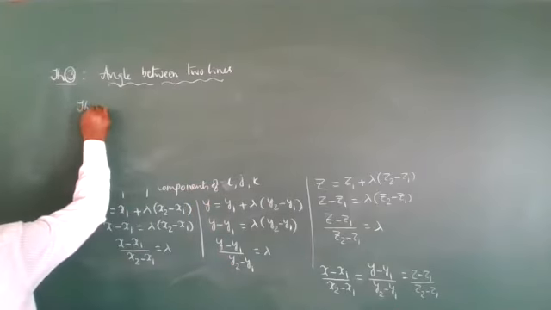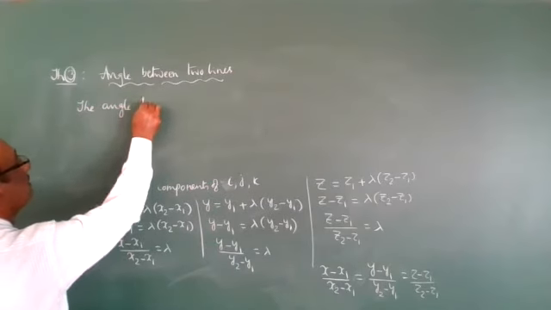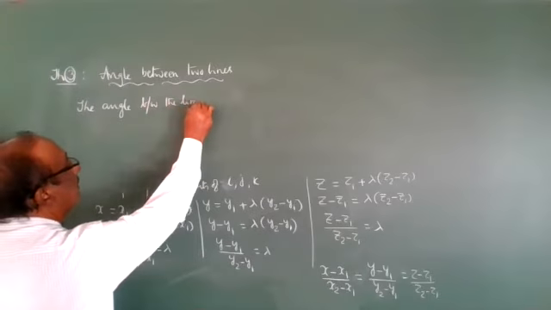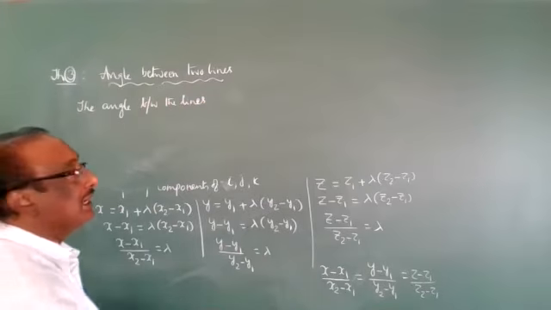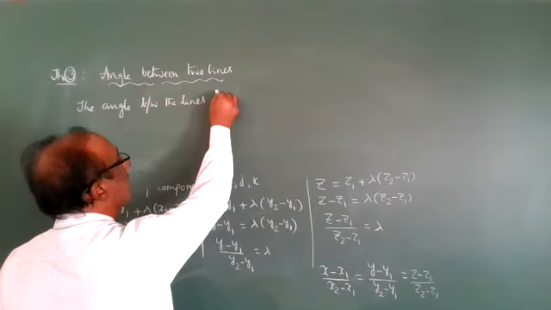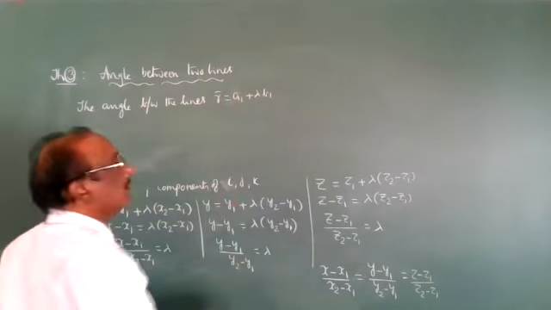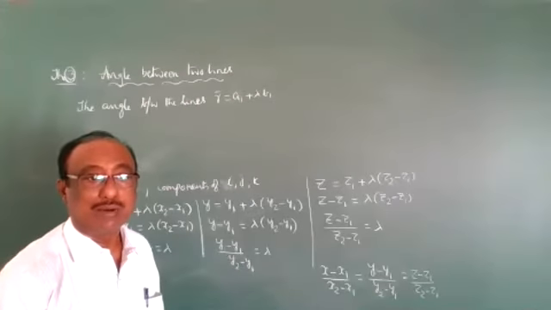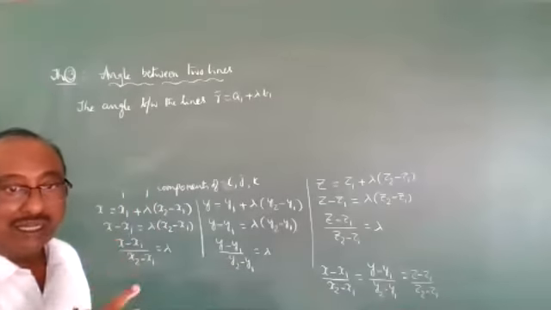The angle between the two lines. First line: r bar is equal to a1 plus lambda into b1. a1 indicates the passing through point, b1 is the DRs.